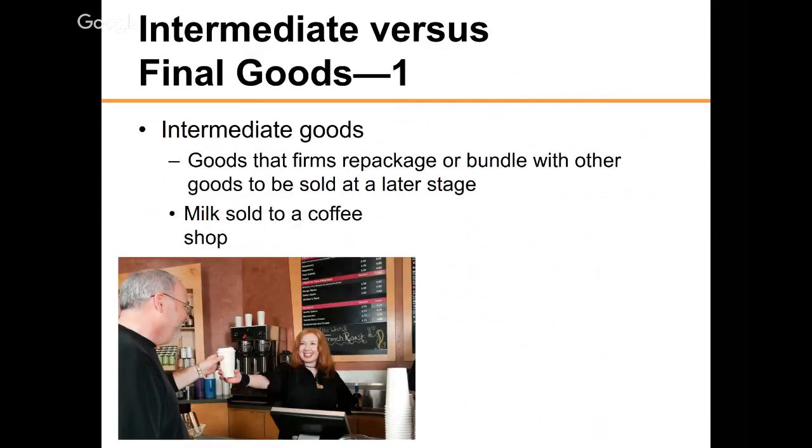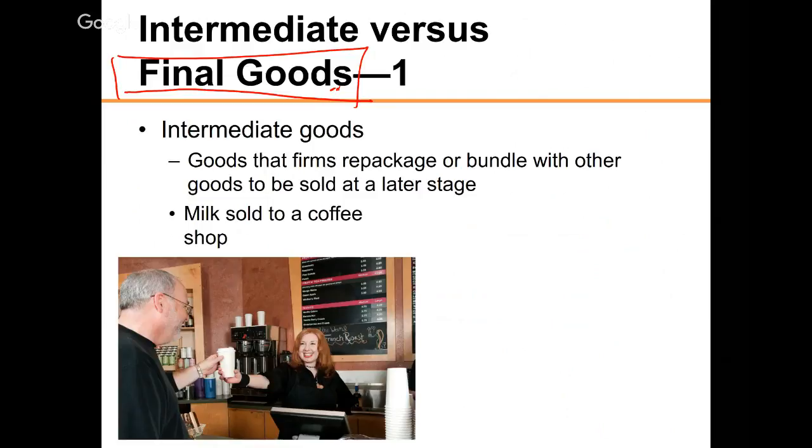Now, the other part of GDP says it measures all the final goods and services. To be final, it means that the good must be ready to be consumed by the end user, the last user. A good way to think about this is that anytime something is purchased by a consumer for personal use, that's a final good, because the consumer is not going to resell it.